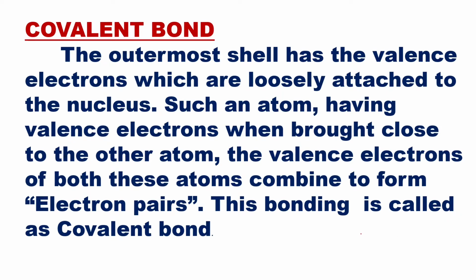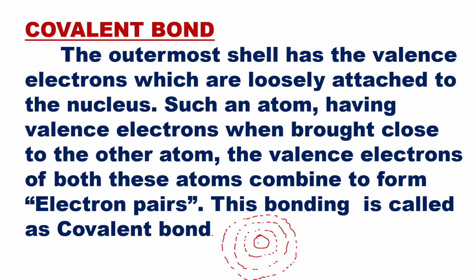We had studied atomic structure like this. Say the atom has 14 electrons: there will be the nucleus, orbit 1, orbit 2, and then orbit 3.